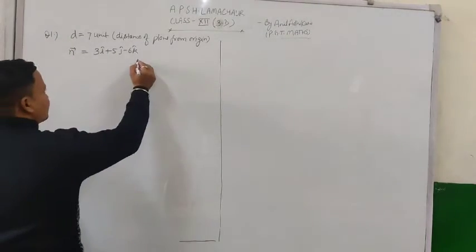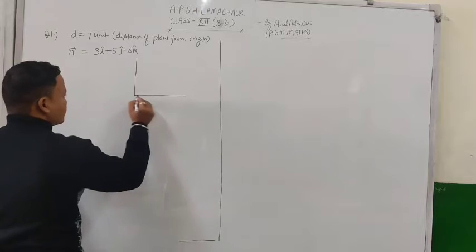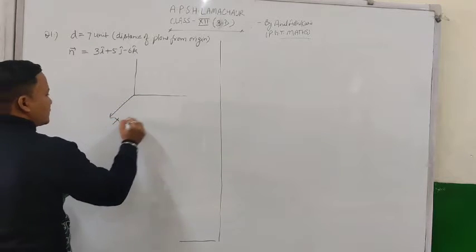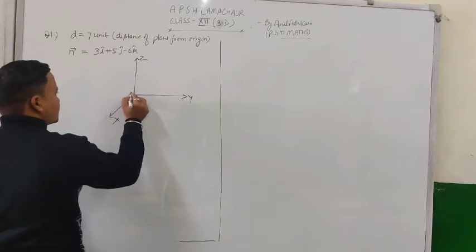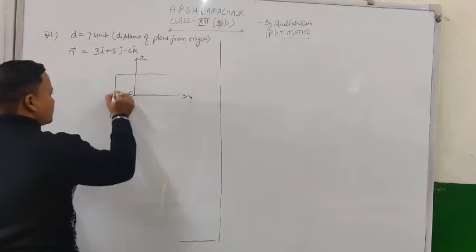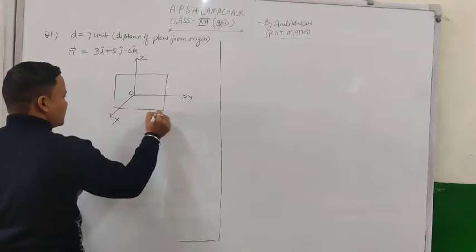So let us first make a diagram. Let this one be the x axis, this the y axis and this the z axis, and let this be the origin, and let this be the required plane whose vector equation we have to find.